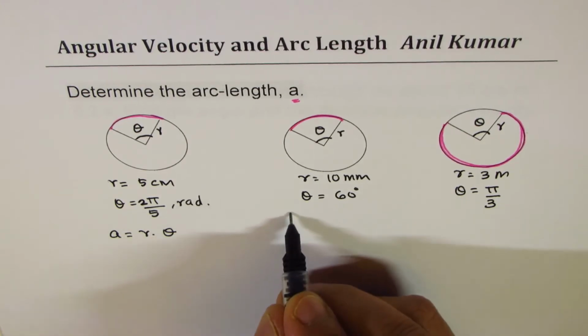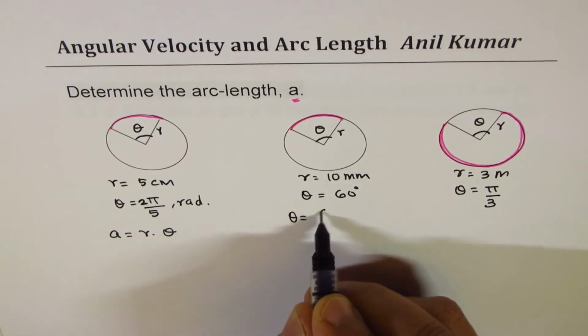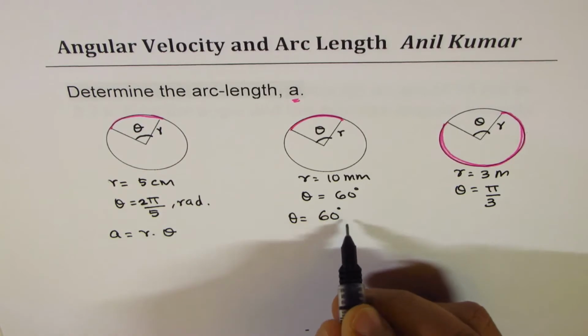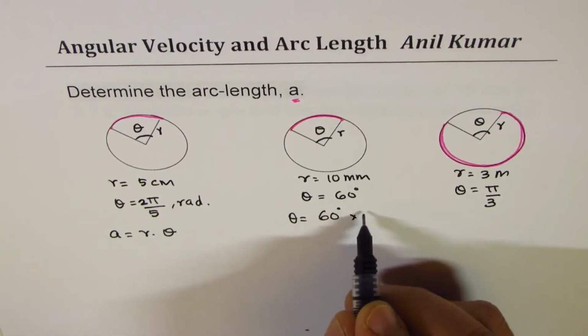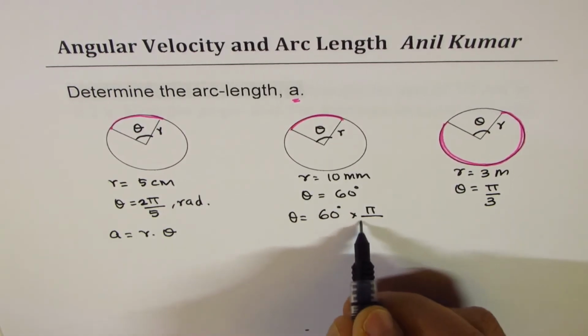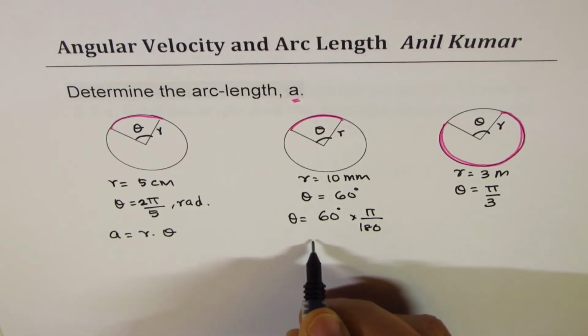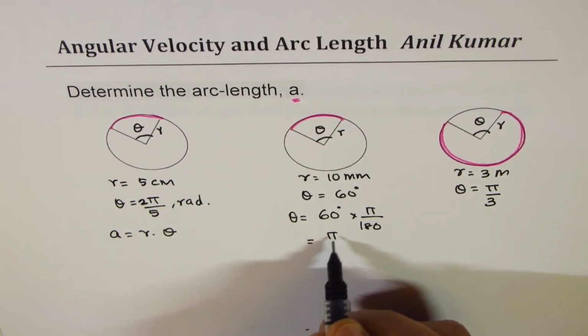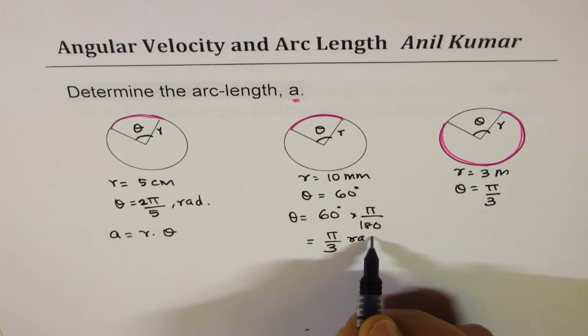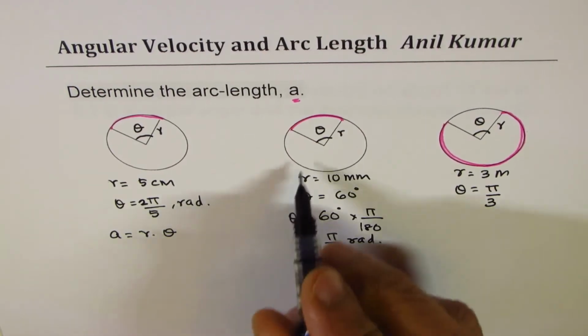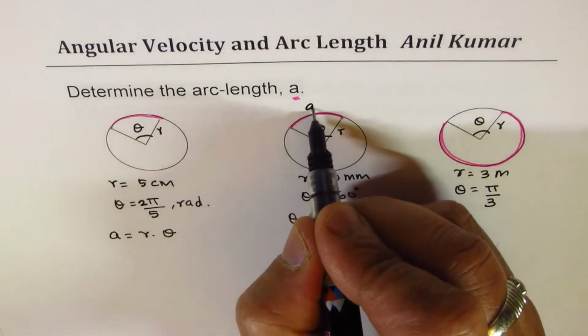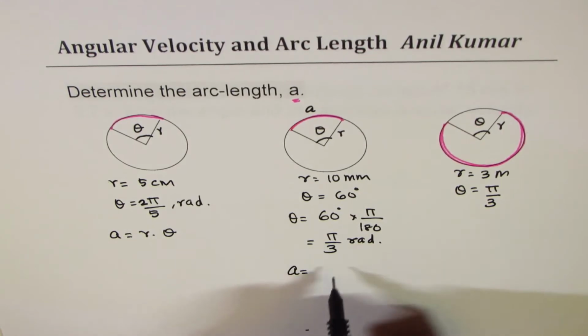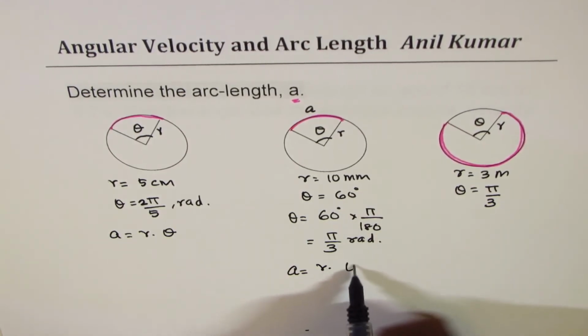So you have to write the angle theta in radians. First convert degrees to radians by multiplying them by a factor of pi over 180. And that gives you pi by 3, right? Pi by 3 radians.